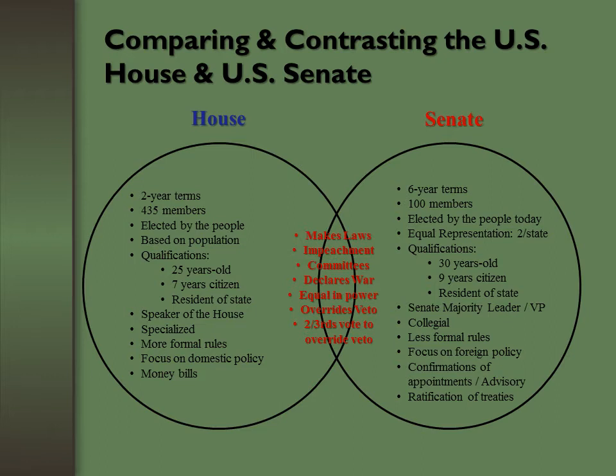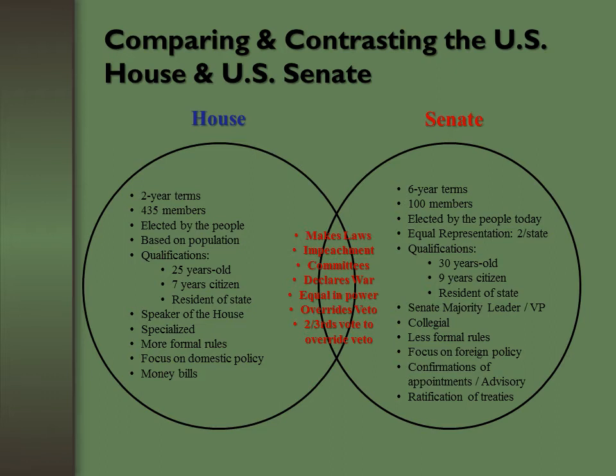When the House focuses on domestic policy, as you can see, all money bills must originate in the House. Only makes sense, right? That the power of the purse, the money of the people, is overseen by members of the U.S. House of Representatives, representative of the people.